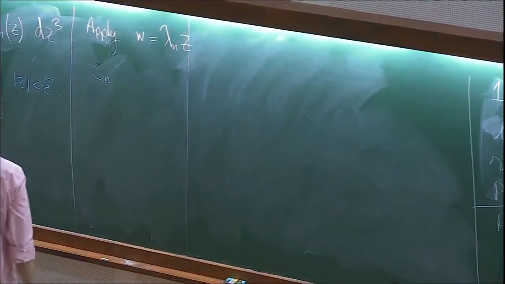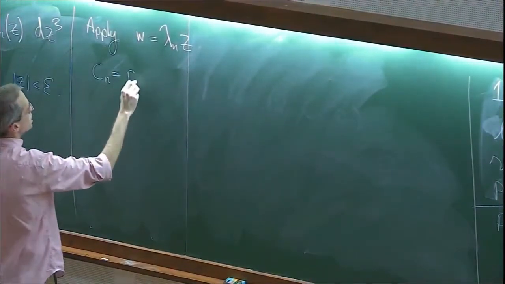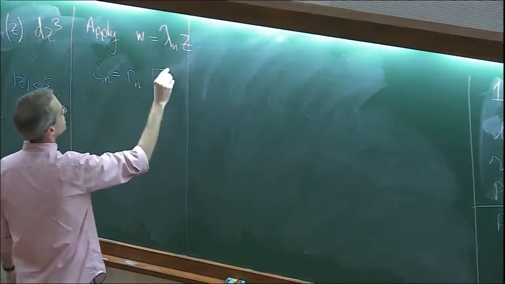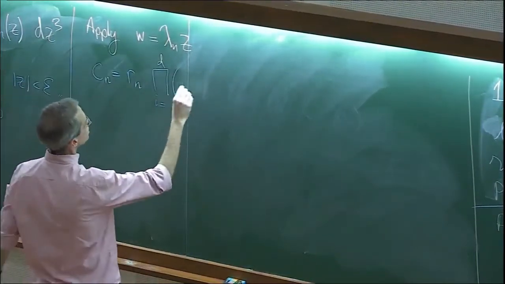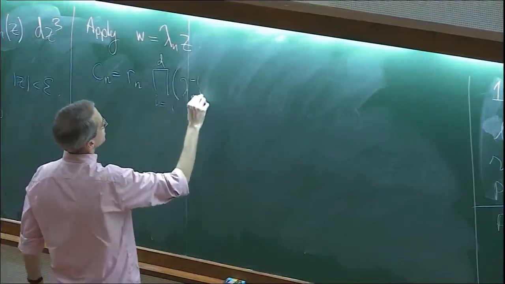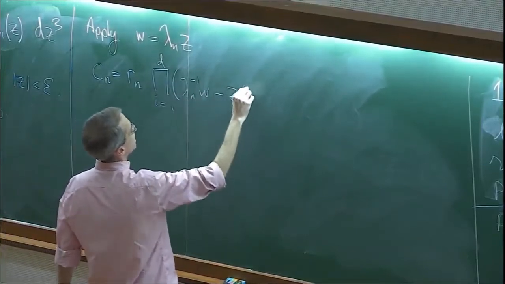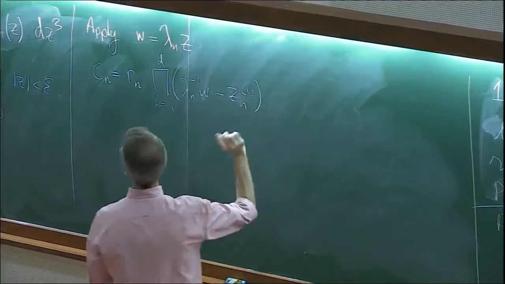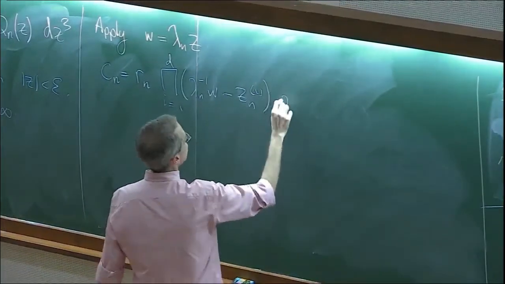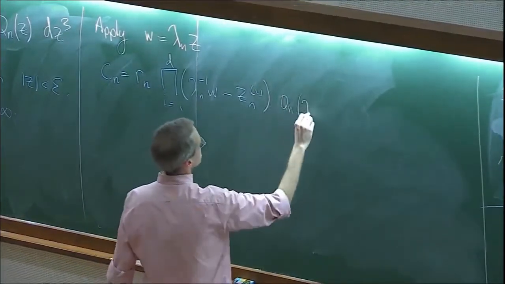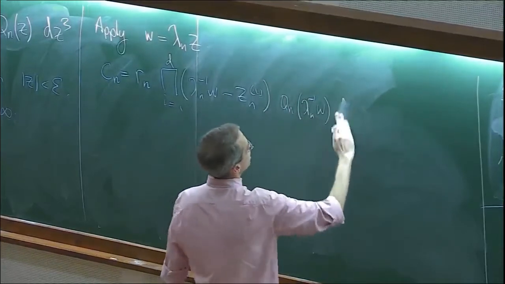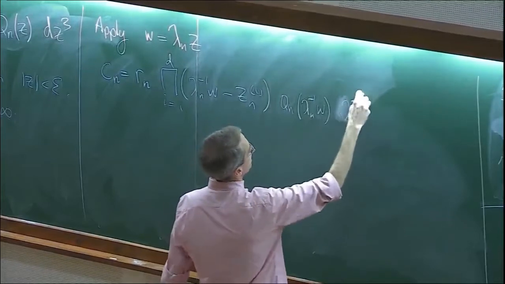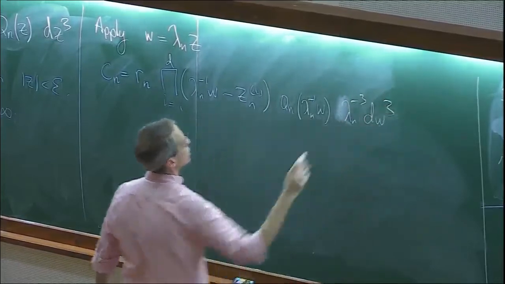Let's just write Cn as Rn times the product i equals 1 to d of z, which is now lambda n inverse W, minus Zn superscript i, times Qn of z, which is lambda n inverse W, times dz cubed, which is lambda n to the minus 3 dw cubed.